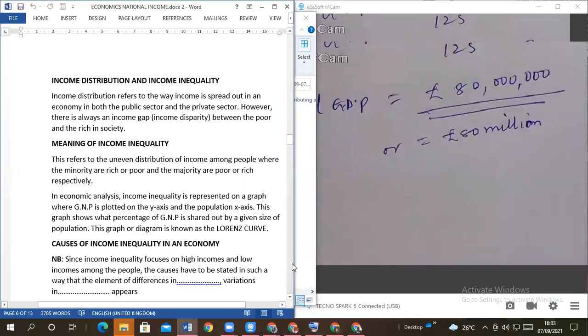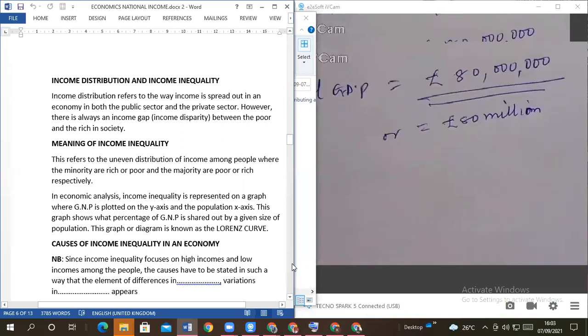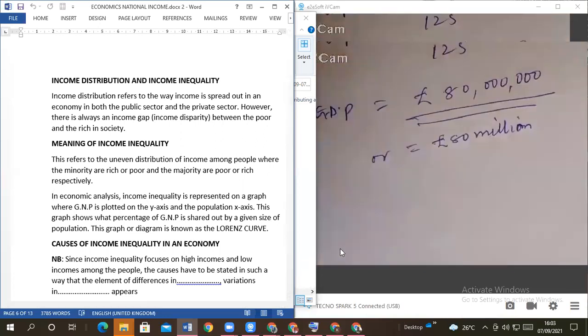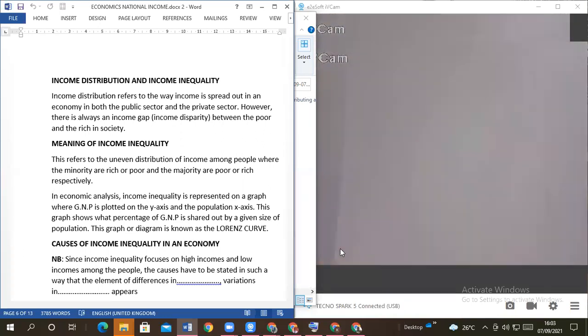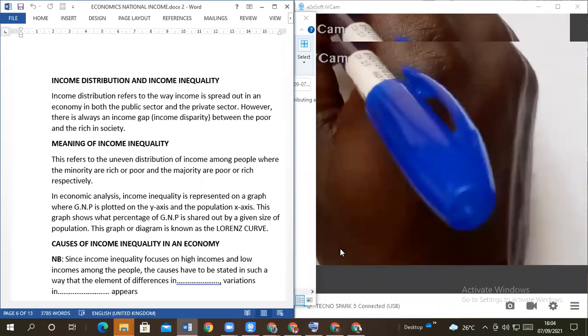Now, in economic analysis, income inequality is presented on a graph where GDP or national income is plotted on the y-axis. Let me just illustrate it for you here.